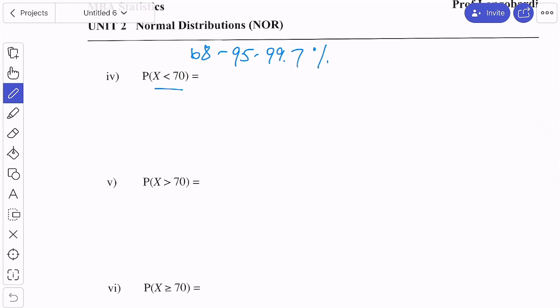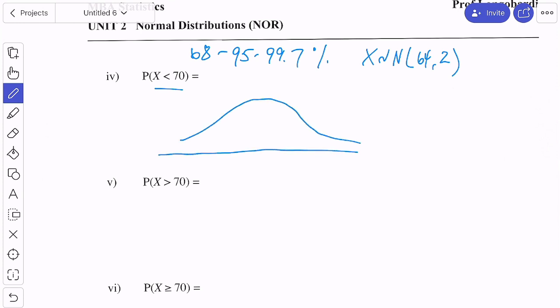So for this problem where x was known to be normally distributed with a mean of 64 and a standard deviation of 2, we should draw it. So we sketch it. You should practice sketching. If you're having trouble with that, let me know. So 64 will be in the middle. Now, I am currently drawing this distribution.